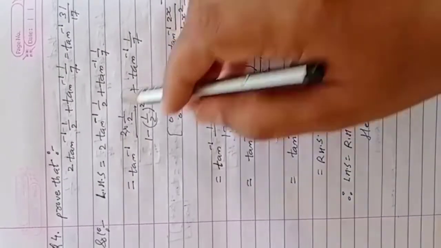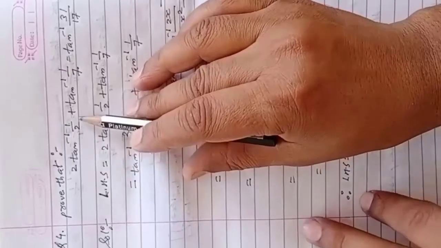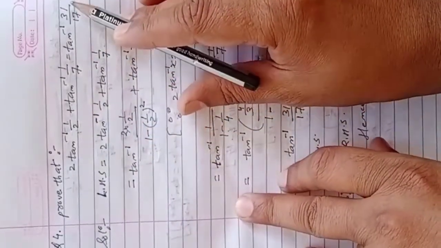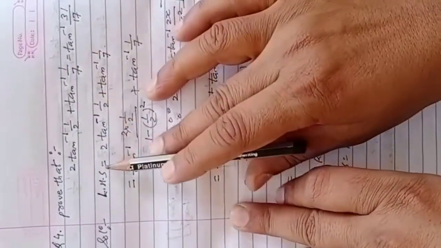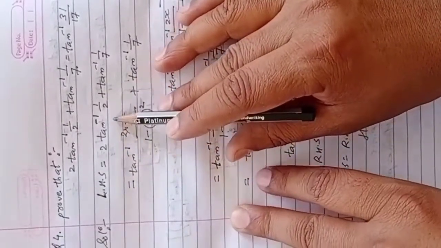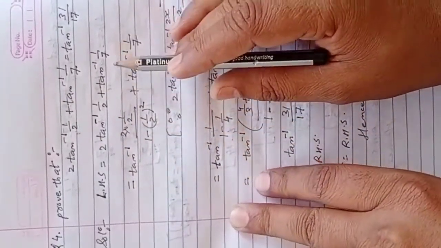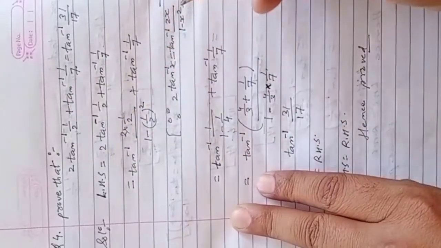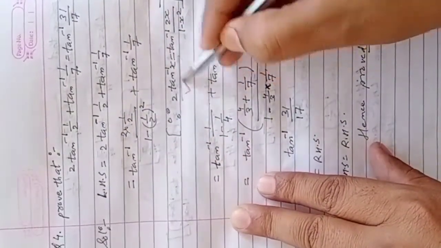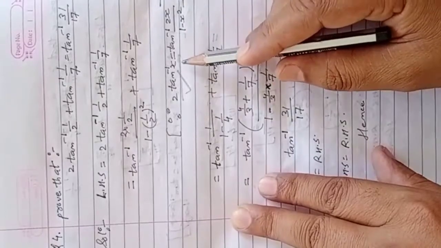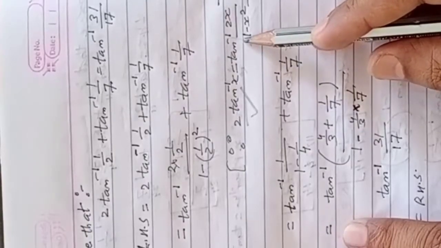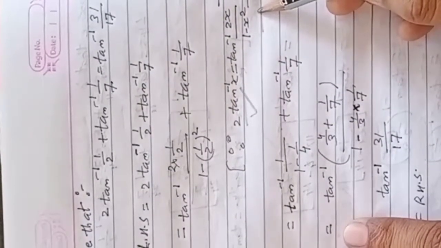Question number 4, we have to prove that 2 tan inverse 1 upon 2 plus tan inverse 1 upon 7 is equal to tan inverse 31 upon 17. So on the left hand side we have 2 tan inverse 1 upon 2 plus tan inverse 1 upon 7. The 2 tan inverse x formula will be applied here. The 2 tan inverse x formula is tan inverse of 2x upon 1 minus x square.